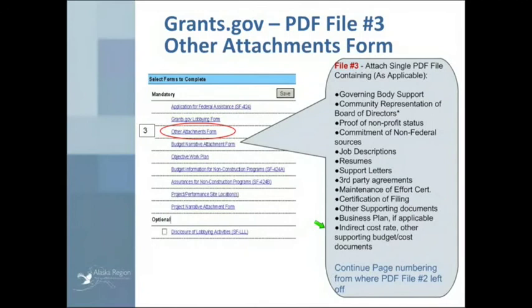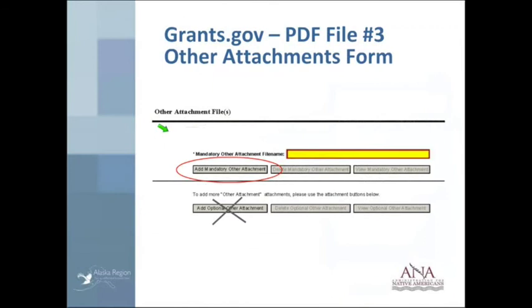So all of the other supporting documents for your application, you would combine, ideally, into a single PDF file, number 3, and use this here to attach that or upload it via this button.